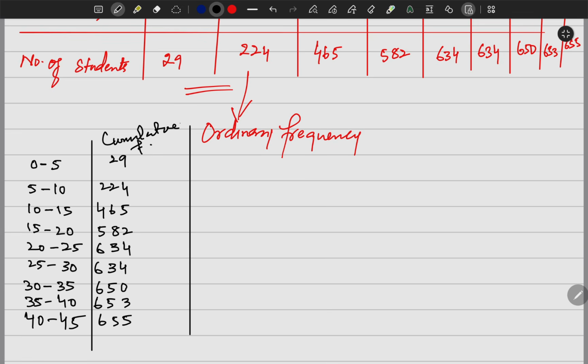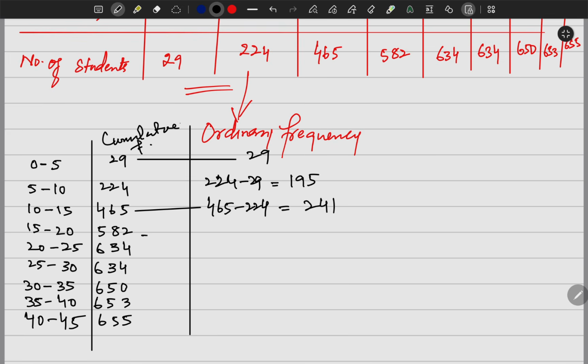So ordinary frequency, how we will do, this is 29, so it is 29. This is 224 minus 29, so it will be 195. Now 465 minus 224, it gives you 241. And similarly 582 minus 465, it will give you 117. So 634 minus 582, it will give you 52.